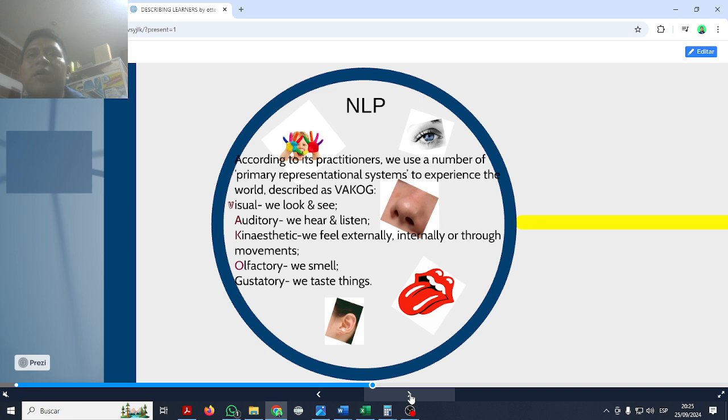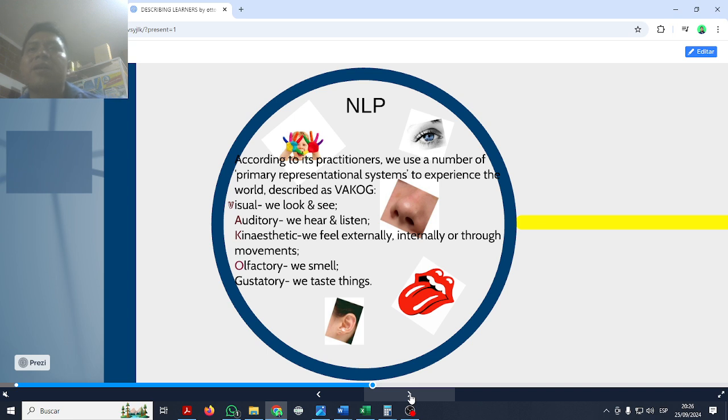Auditory, where students like to hear and listen to music. Some students like listening to music every day, or watching TV, or hearing podcasts, audiobooks, etc.